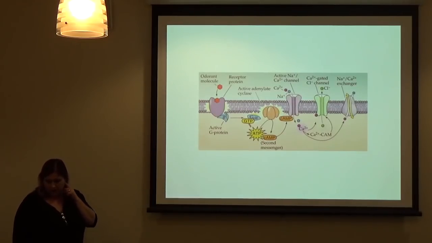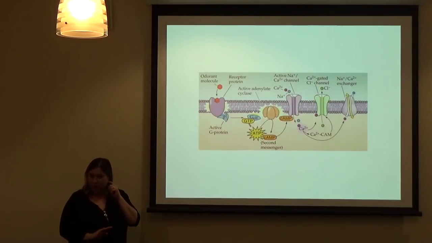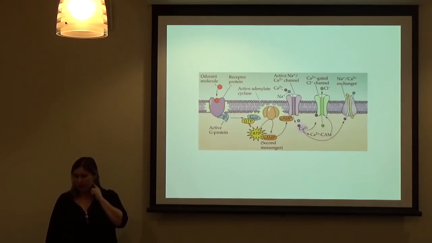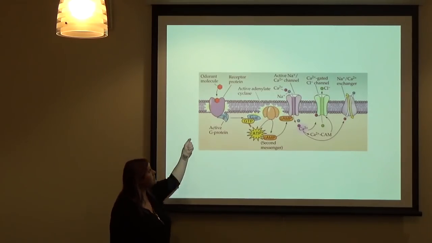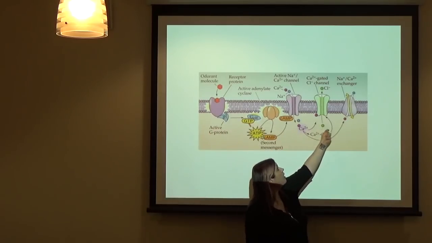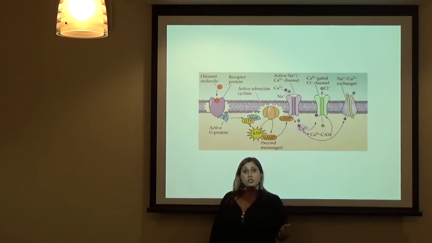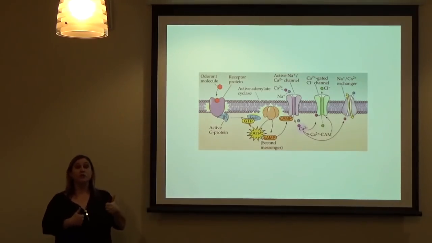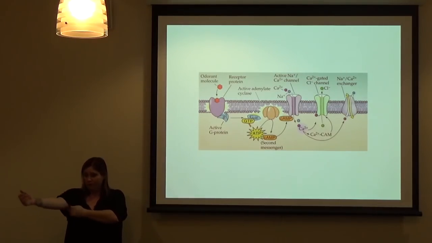There are, like I say, over 350 different receptor types. They're all metabotropic. Usually a second messenger system opens up a sodium channel and lets sodium in, and that pushes the cells to action potential.